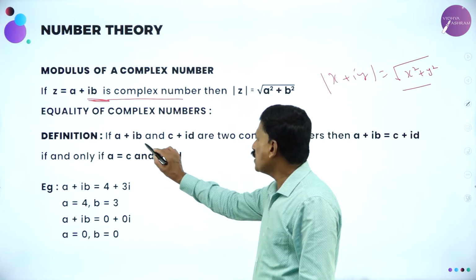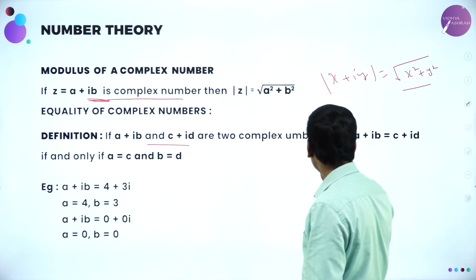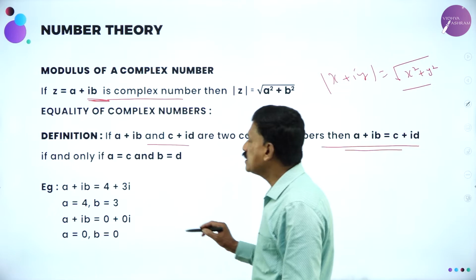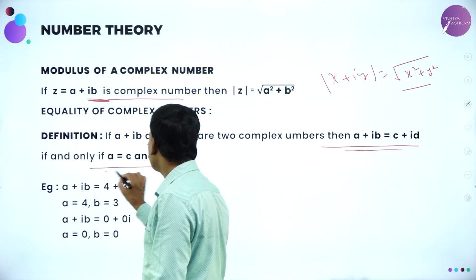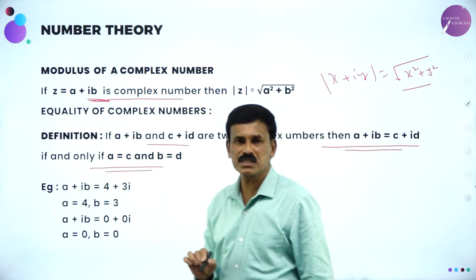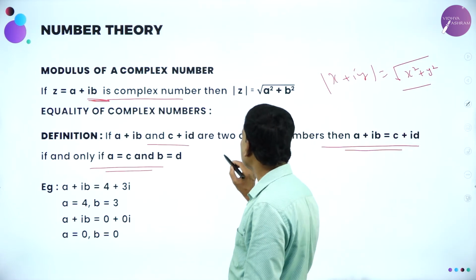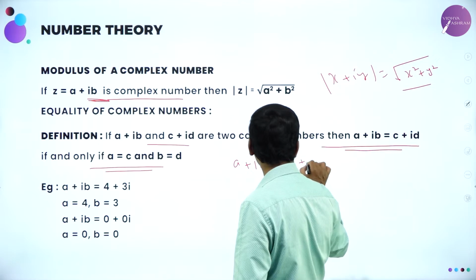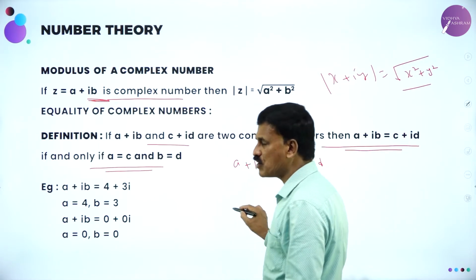Now, suppose a plus ib and c plus id are two complex numbers. If a plus ib is equal to c plus id, then if and only if the real parts and imaginary parts are equal separately. That means equality of complex numbers.